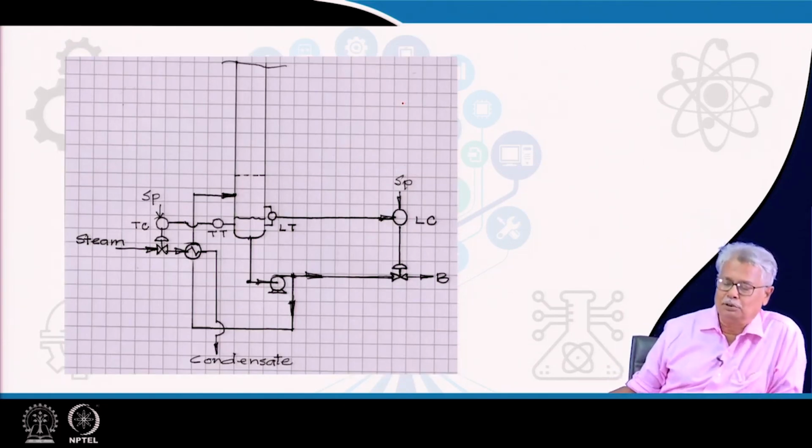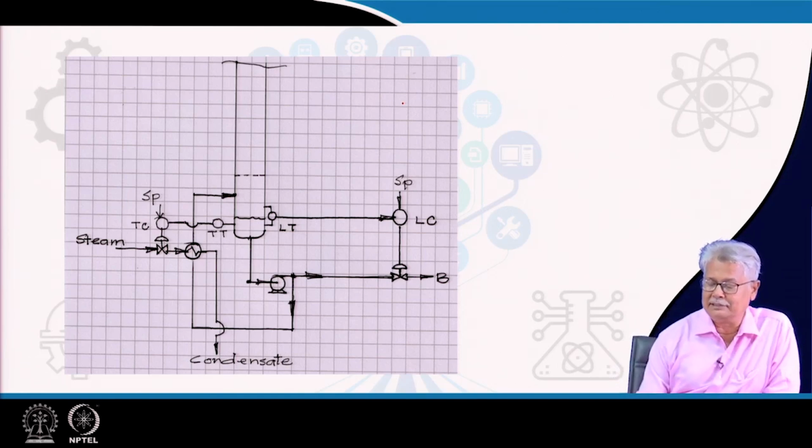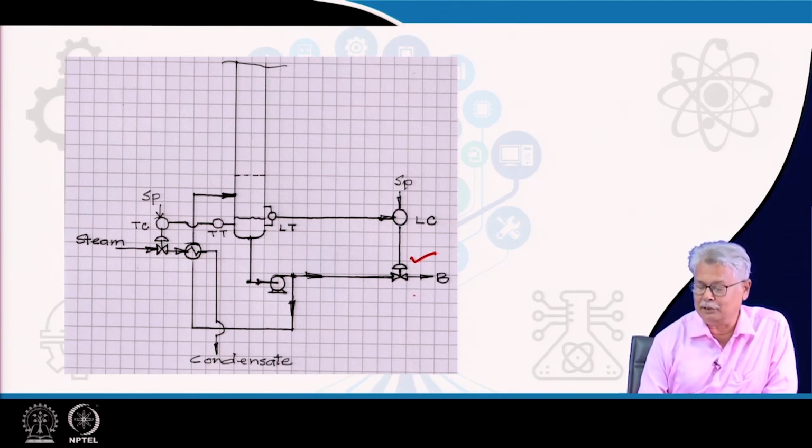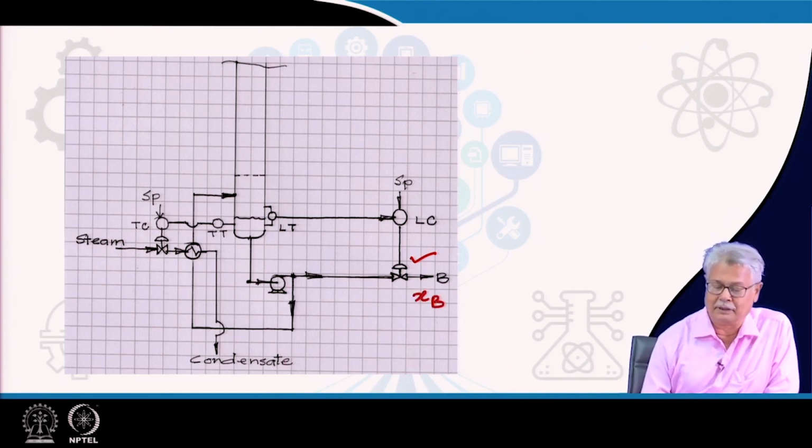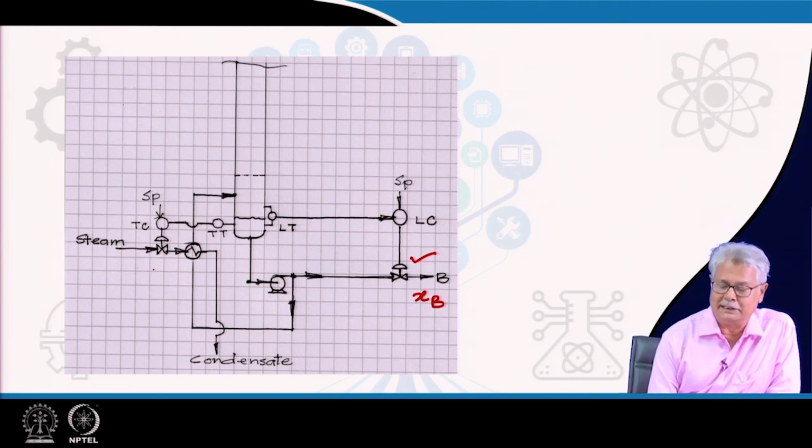If you look at the column bottom section, what you have is certainly the level control, which also has been talked about. You definitely have to control the column bottom temperature, because that decides the value of the XB here, and that is controlled by controlling the steam or the heating fluid input or the heat input to the reboiler.